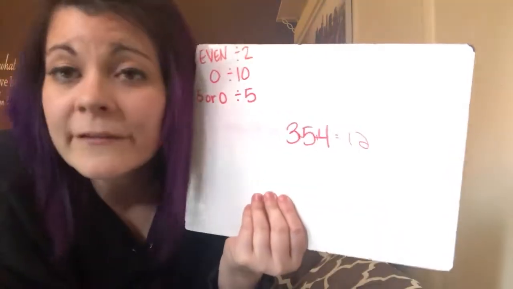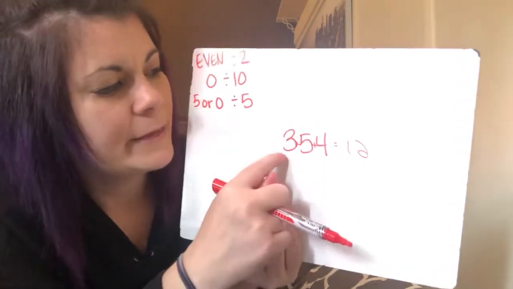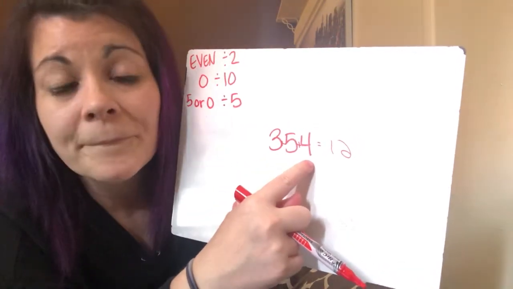Well, 12 is divisible by 3, which means that 354 is divisible by 3 as well. So you add up the digits, and if that sum is divisible by 3, then the whole number is divisible by 3. I use that one all the time.